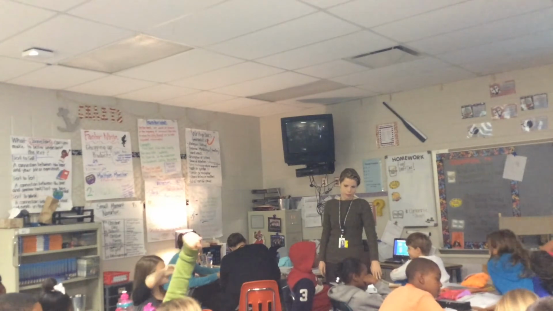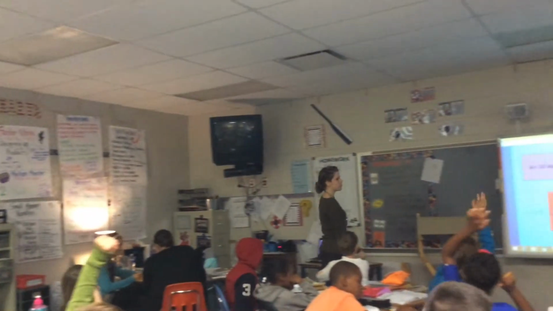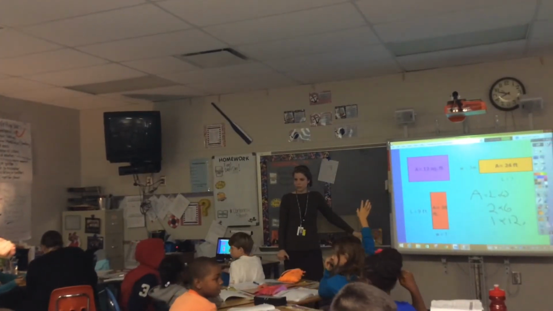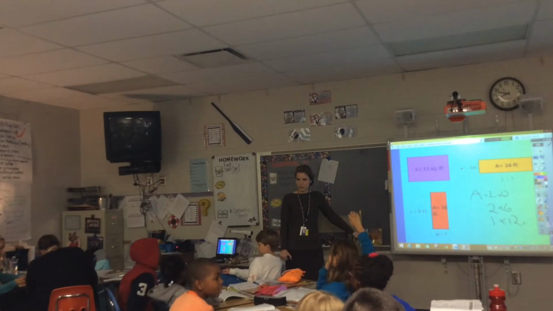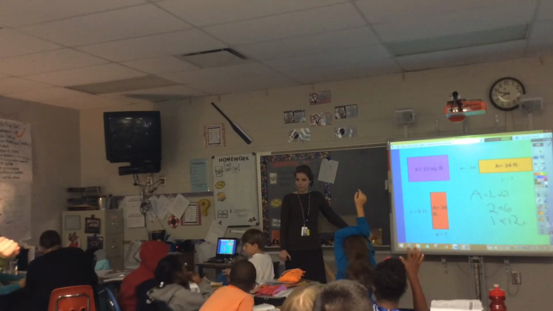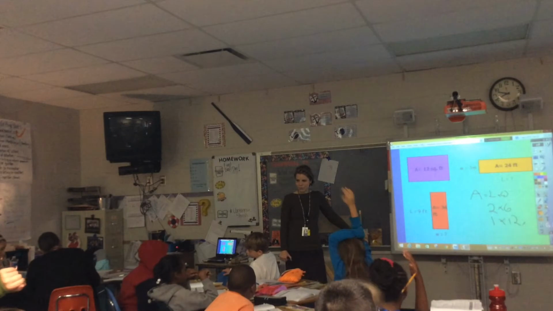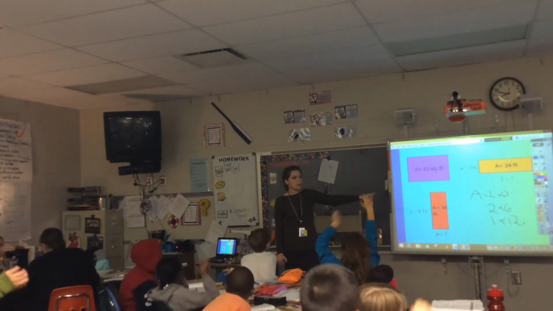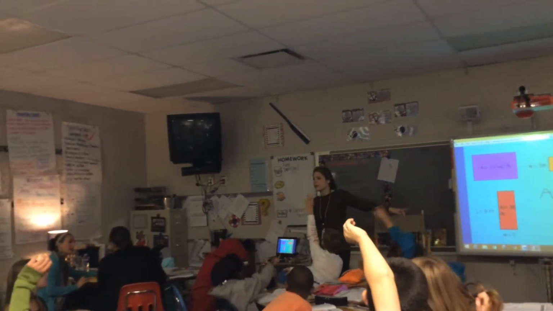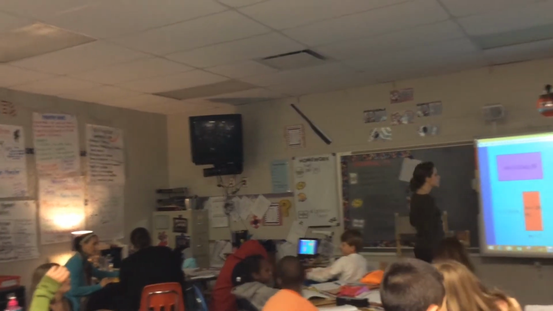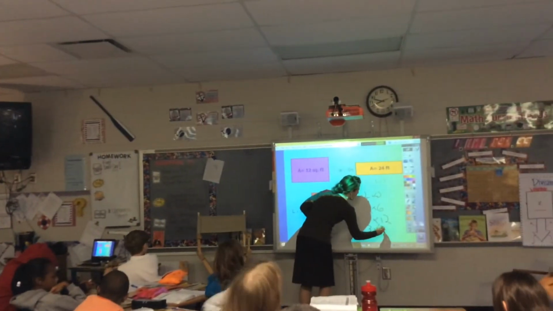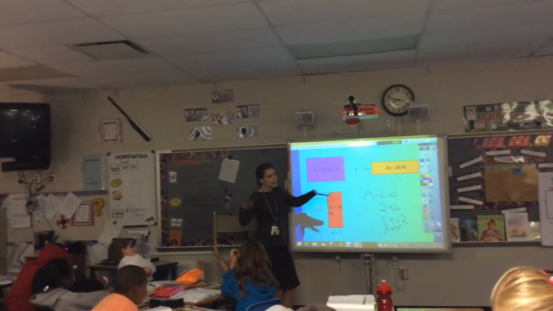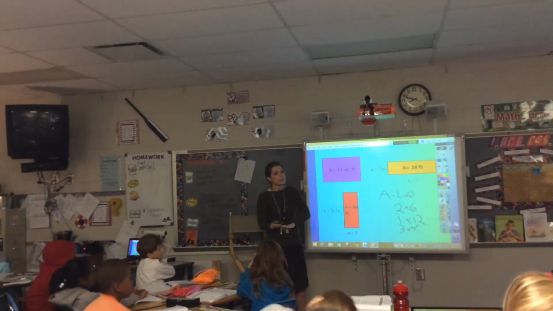Give me another set of numbers for the purple square. We've got 6 times 2, we've got 1 times 12. Campbell, give me another one. 3 times 4. So, even though we don't have those squares, we can still guess. We know this number times this number equals 12.